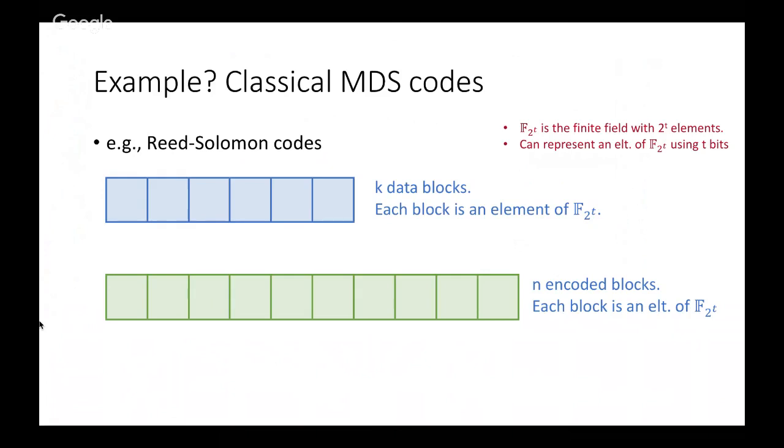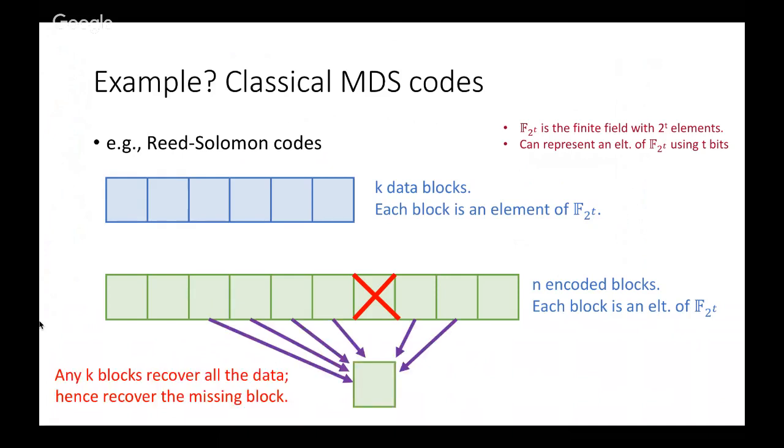Okay, so returning to the question at hand, how well do classical MDS codes do at this distributed storage problem? Okay, so they are MDS. So goal 0 is satisfied. How about goal 1? Suppose that just one node fails, and I want to recover it. One thing I could do is the following. Any k blocks will recover all the data, and in particular, they'll recover the missing block.